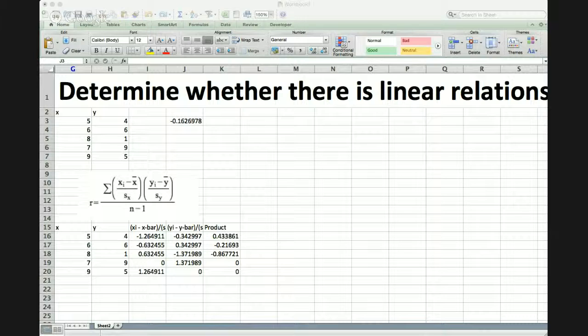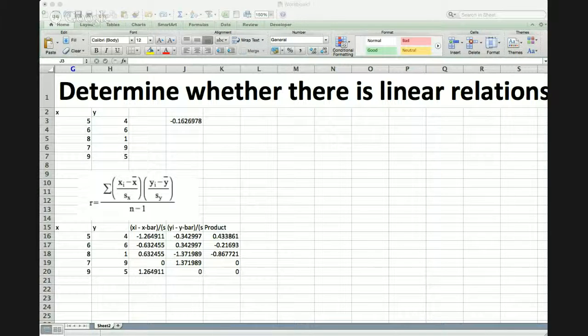For that, as you can see, the formula is r equals the summation of x sub i minus x bar divided by the standard deviation, where x bar is the sample mean of the variable, and sx is the sample standard deviation. y bar is the sample mean of the response variable, and sy is the sample standard deviation of the response variable. So basically the mean and the standard deviation, we need to find out first.